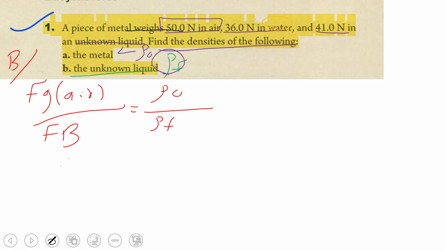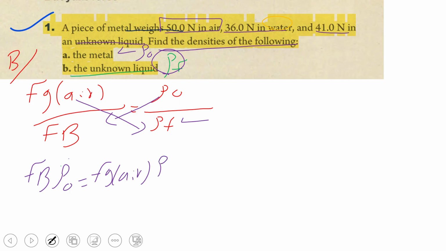Find the density of the unknown liquid, which means find the density of the fluid. Same step, multiply together both. Density object times Fb, Fb times rho not equals Fg air times rho F.